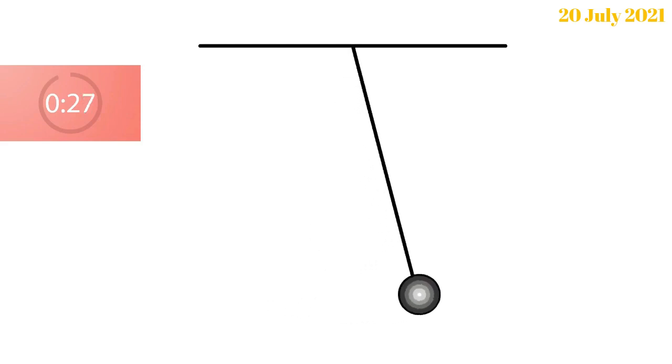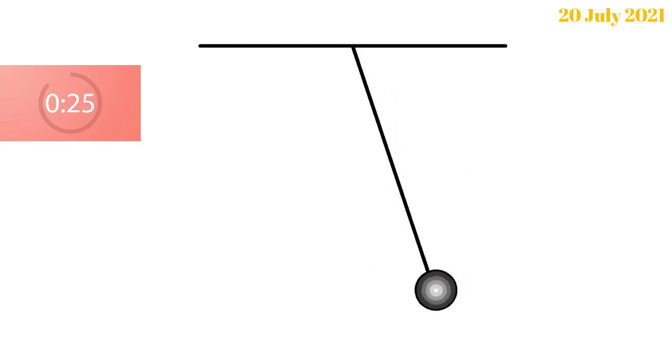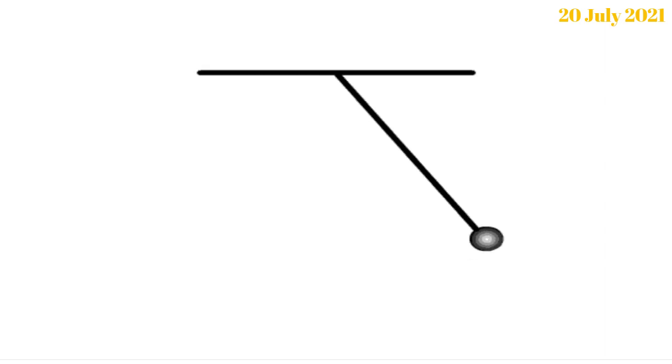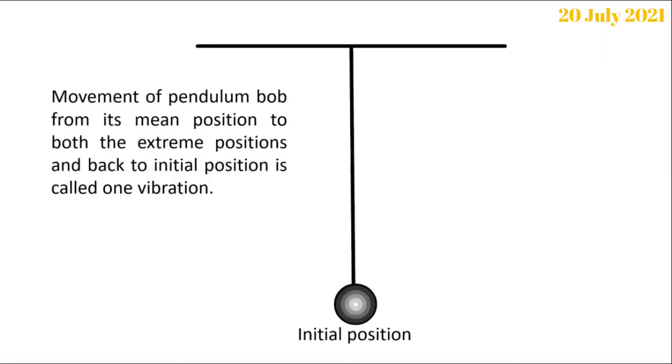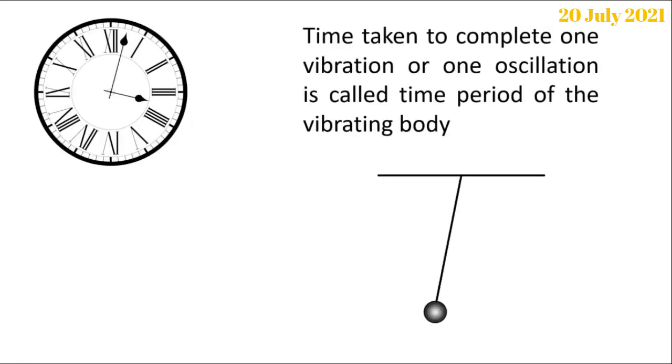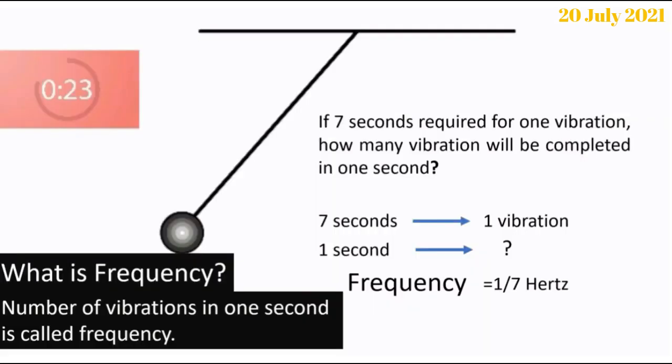To and fro motion of the body. Pendulum is the best example for vibration. And then we have seen what one vibration means, and the time taken to complete one vibration is called time period. Number of oscillations completed in 1 second is called frequency.